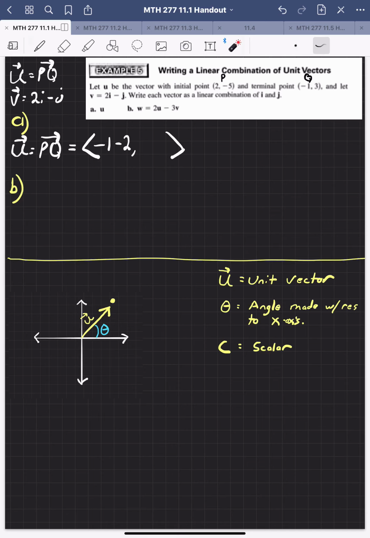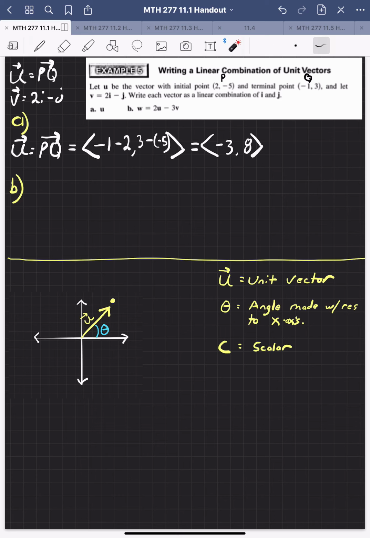And then for the v sub 2 component, it's just going to be 3 minus -5. All of this was from the previous video. And let's finish it up. So -3, 8.